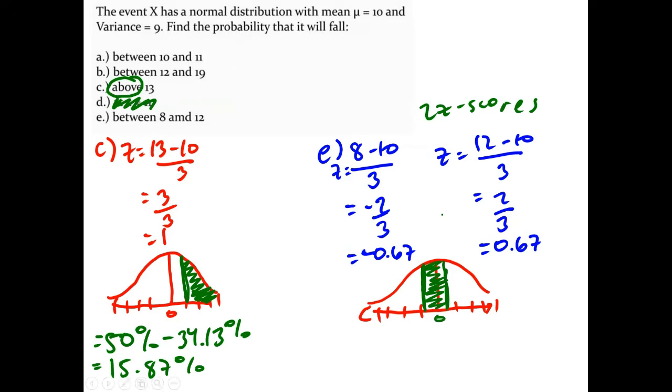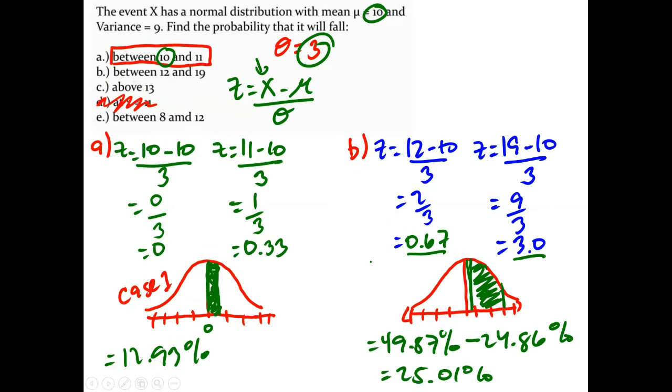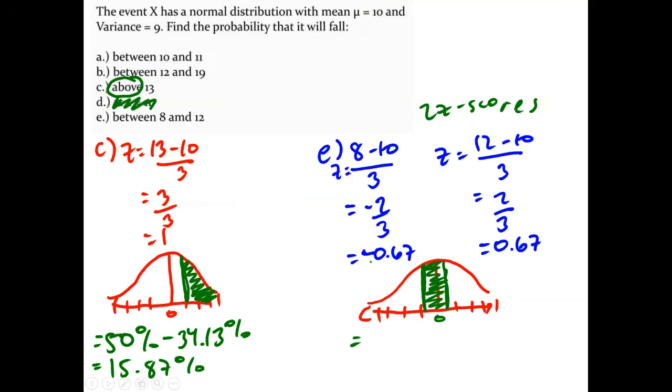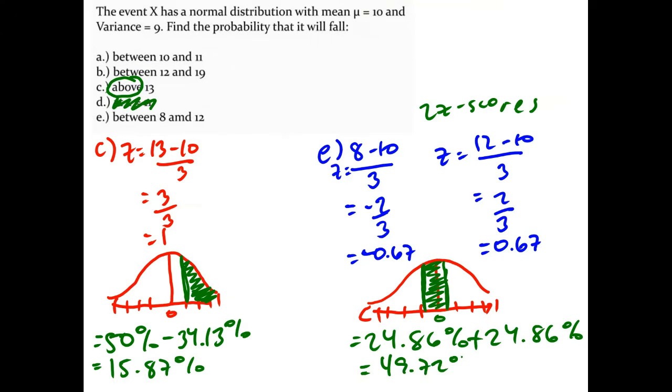Ibig sabihin lang yan, ipag-add, na-shade-an yung gitna. So napansin ninyo, nadadaanan yung 0 natin. So ipag-plus lang natin yung kanilang mga Z score. So 0.67 is 24.86% plus 24.86%, which is 49.72%.